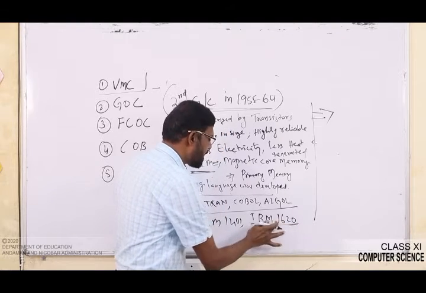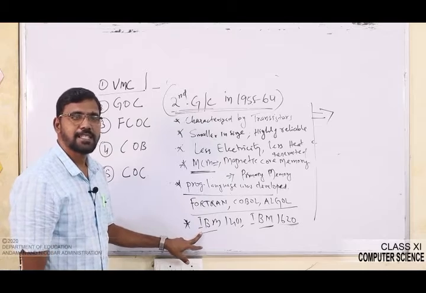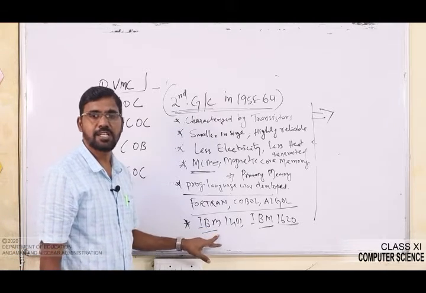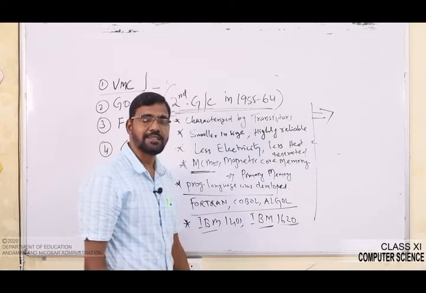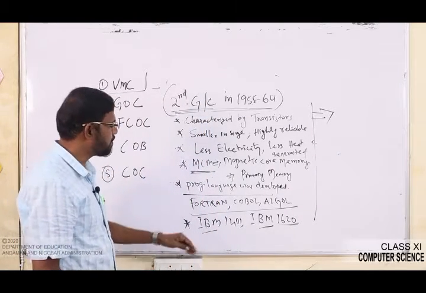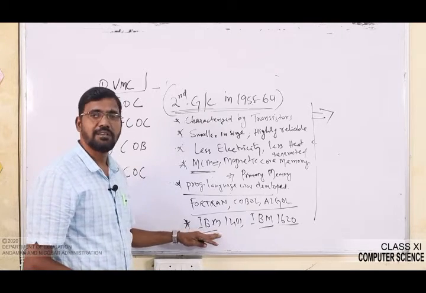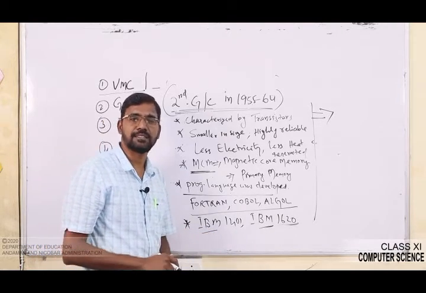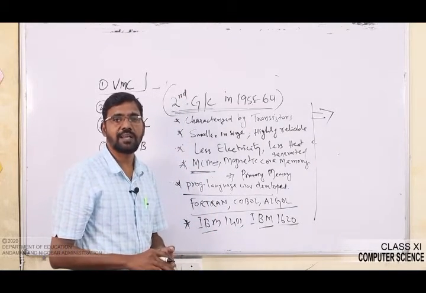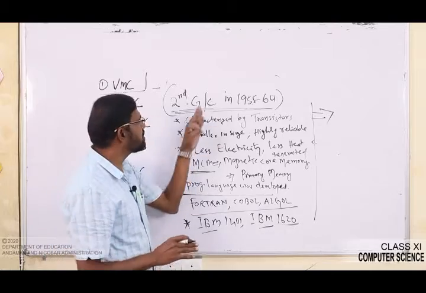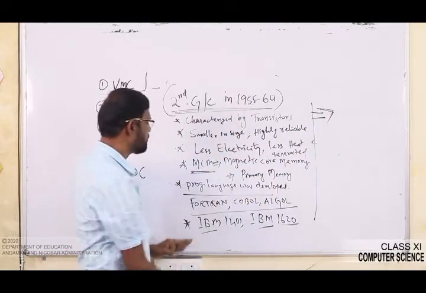You know what IBM is today: International Business Machines Corporation, an American company, and now they are doing much more development in the field of computers. From the beginning onwards they have been developing various computers. These are the popular computers and features of the second generation.